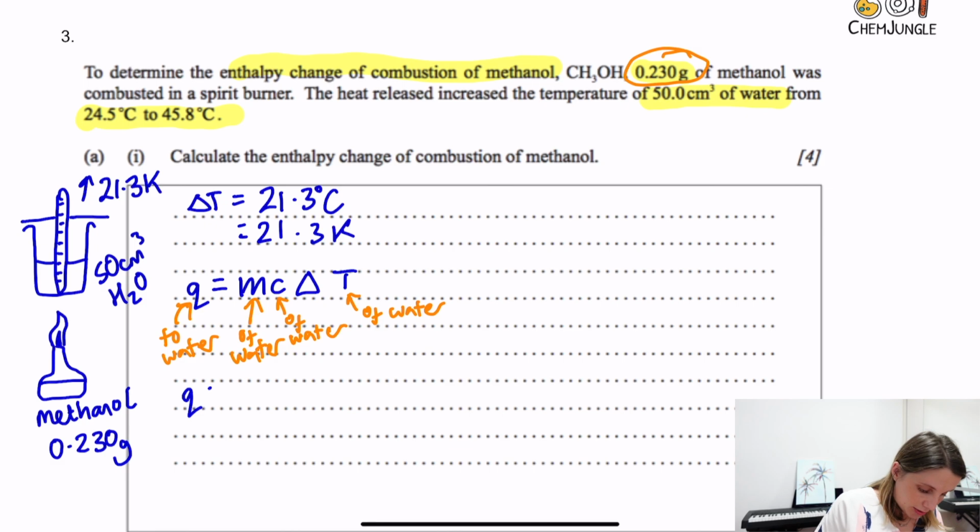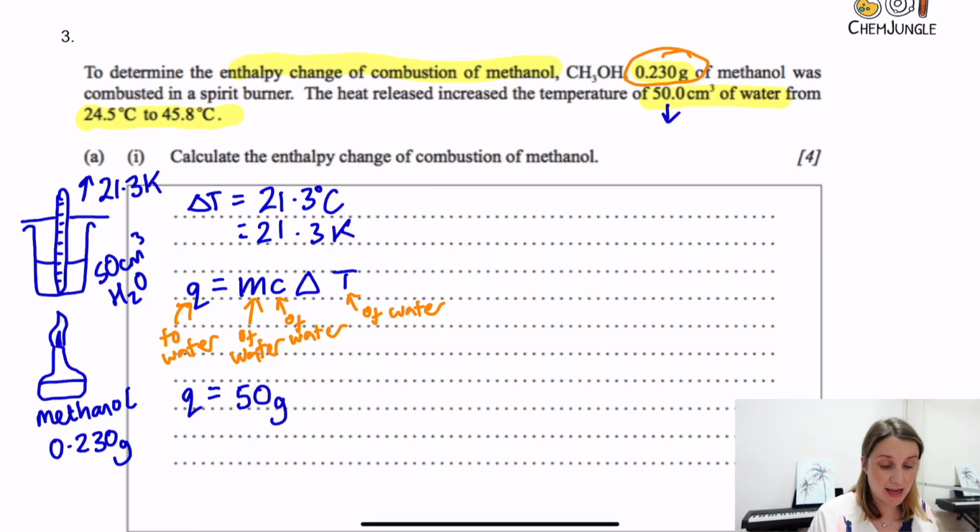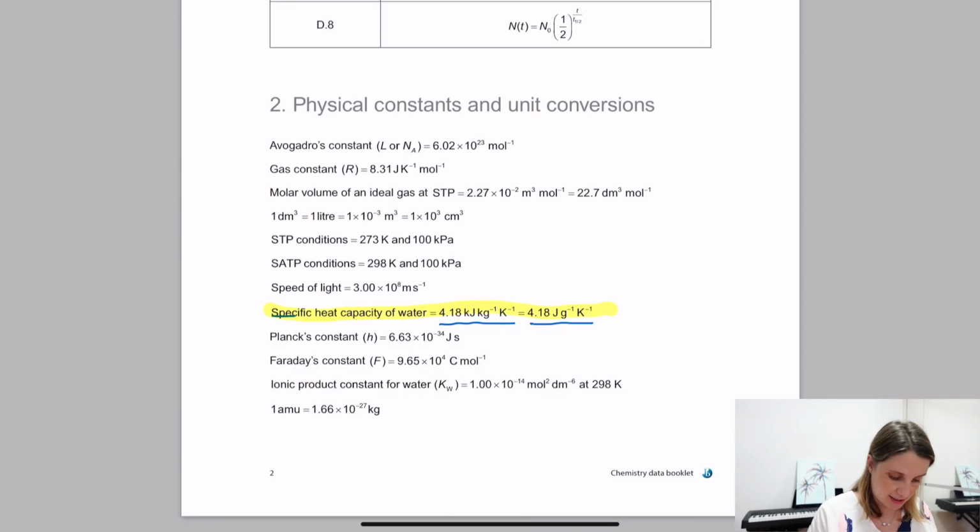So Q equals the mass of the water, remember, so the mass of the water is 50 grams. They told me it was 50 cm cubed, and I assume that 1 cm cubed of water weighs 1 gram. So this becomes 50 grams of water. We're going to times that by the specific heat capacity of water. Remember that 4.18 that you can find in the data booklet right here.